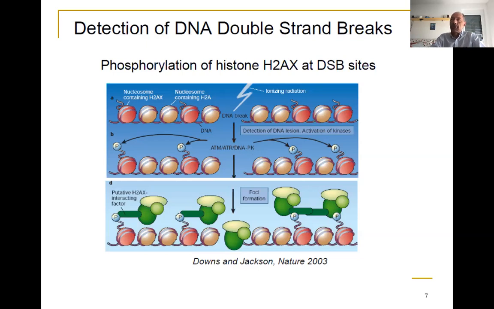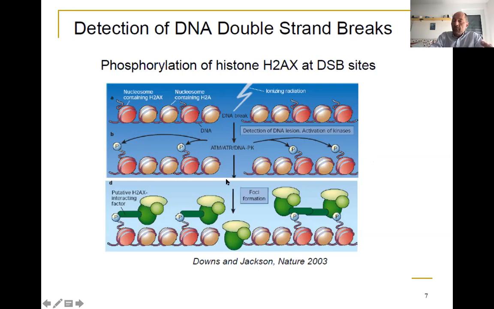So ATM is a sort of policeman, and the first thing that you do is phosphorylate. It's a kinase enzyme, and this kinase is phosphorylating only in specific positions where there is an H2AX histone.